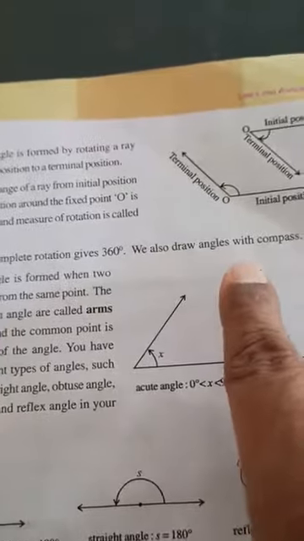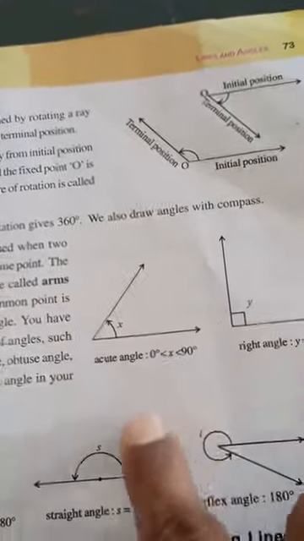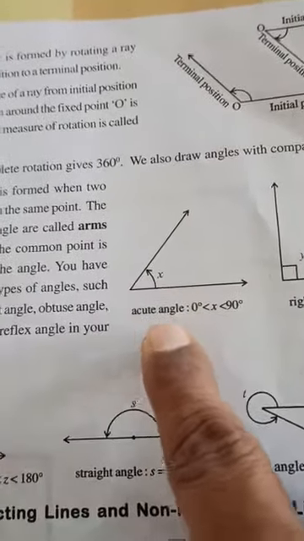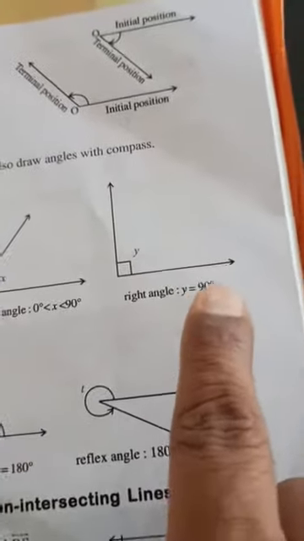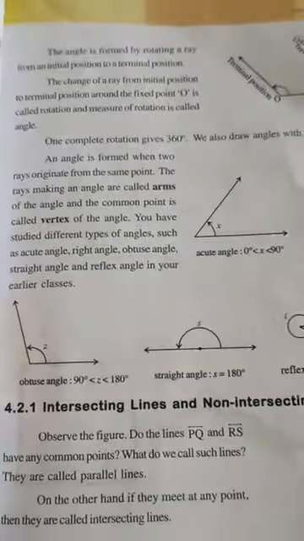So we can also draw angles with a compass. This is one angle. This angle lies between 0 to 90. This is an acute angle. This is a right angle. So already we know the different types of angles.